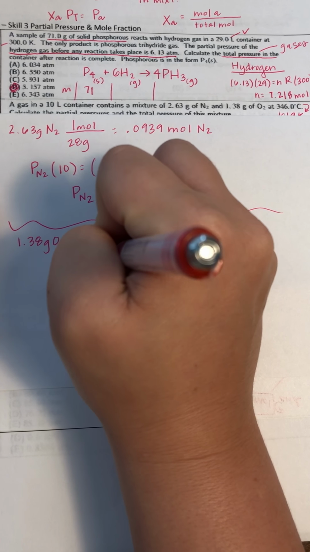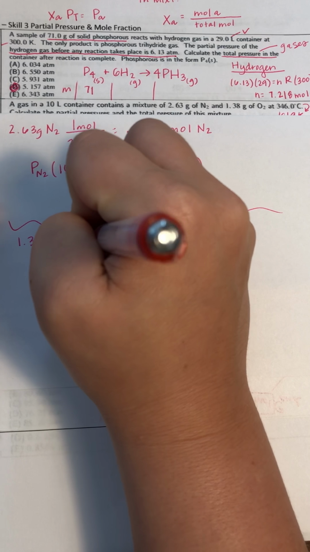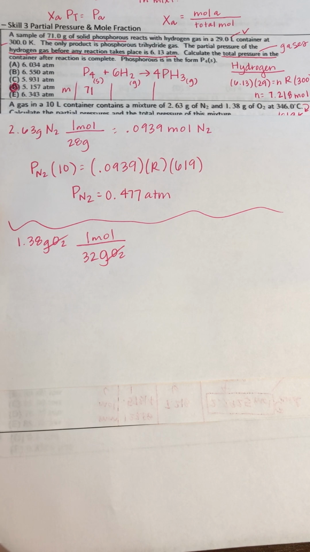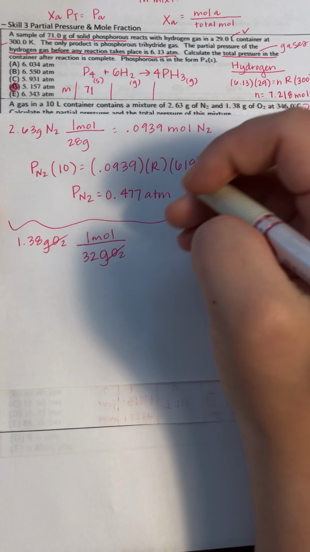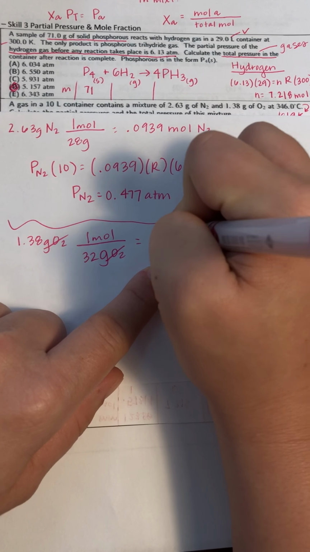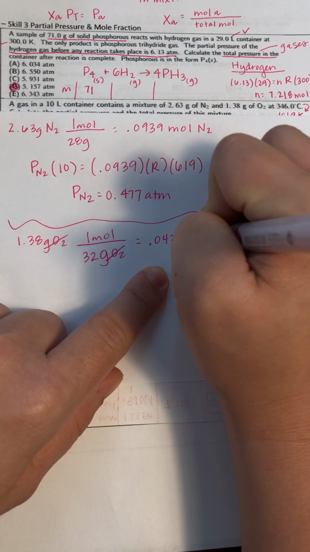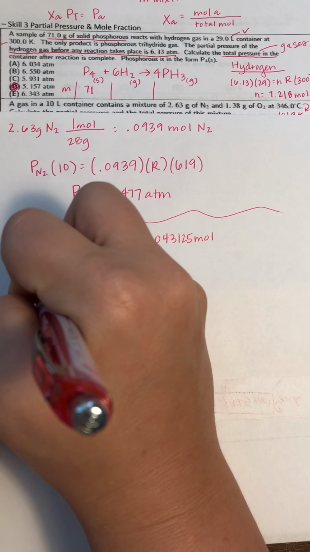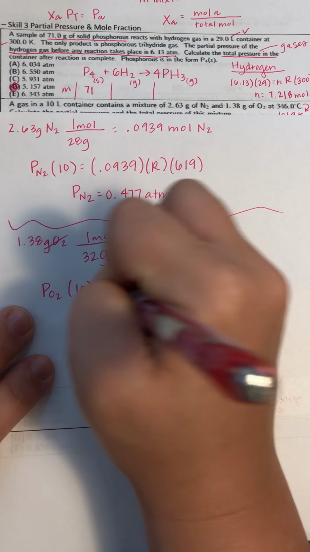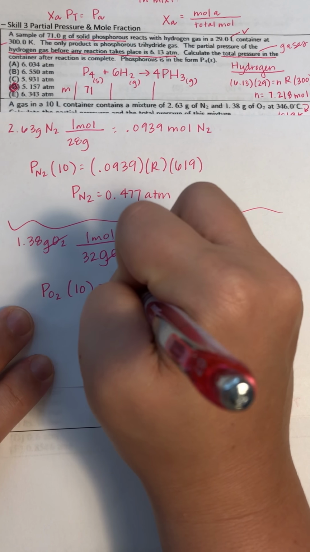1 mole of oxygen is 32 grams of oxygen. So now I know pressure of oxygen times volume equals the moles I just found.